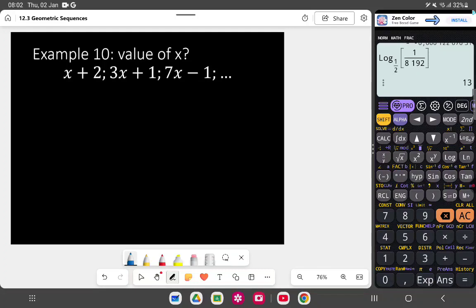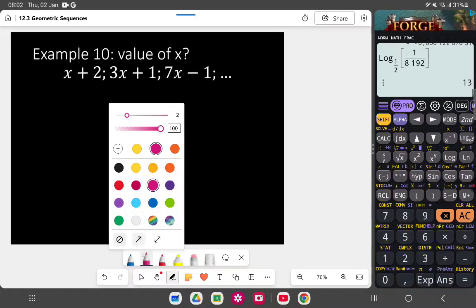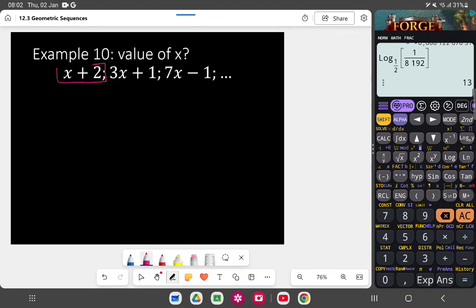They're giving you x plus 2, 3x plus 1, 7x minus 1, ... What is the value of x? What do you know about this sequence? Well, according to our pink pen, we know that this is the value a.